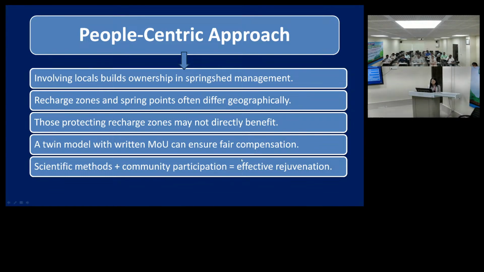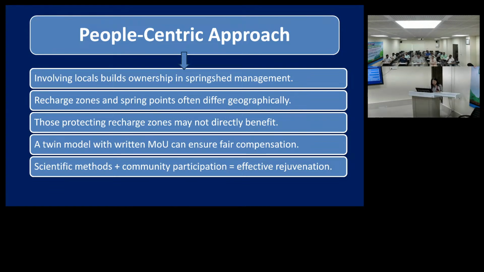Usually, as I've explained, the spring points and the recharge area may be in different geographical areas. That is when we need to involve the community. The people residing in the recharge area may not directly get the benefit of that spring. So we need to make them understand that through their community involvement or generosity, this spring can be rejuvenated.